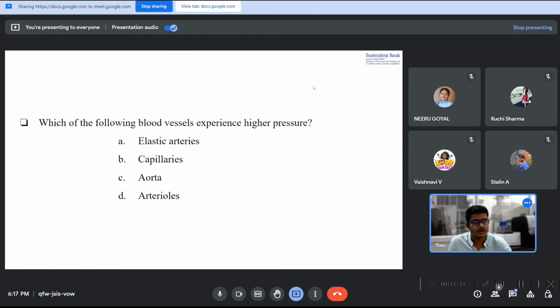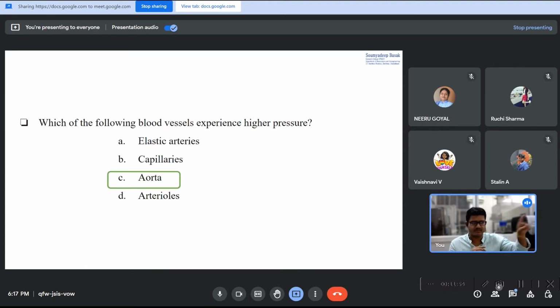Why A? I have got the option A also. Yeah, see, it is the aorta that experiences the most. When the heartbeat is there, it is the first thing that receives the blood pressure from the heartbeat. So that's the most pressurized region.